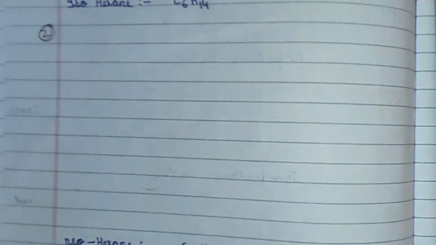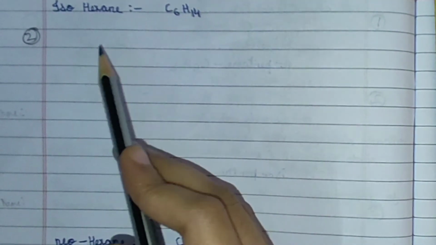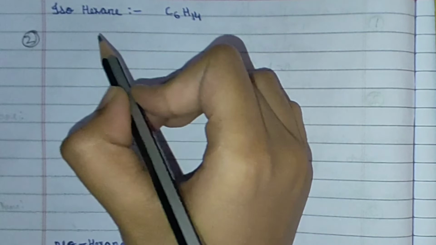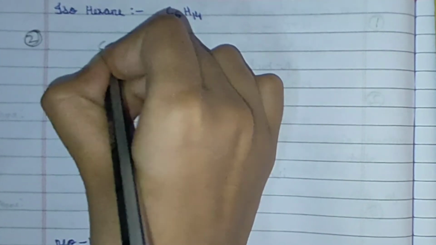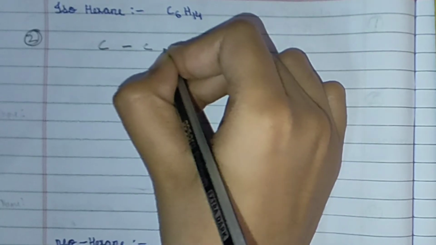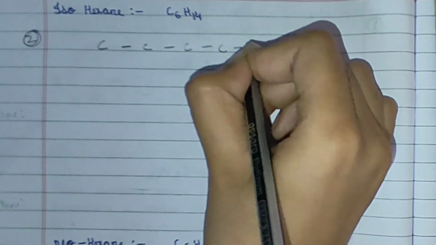Now isohexane. In iso we have to take one carbon less, and in the second carbon we will put a methyl group as substituent. So here it is hex, so we will take 5. 1, 2, 3, 4, 5.